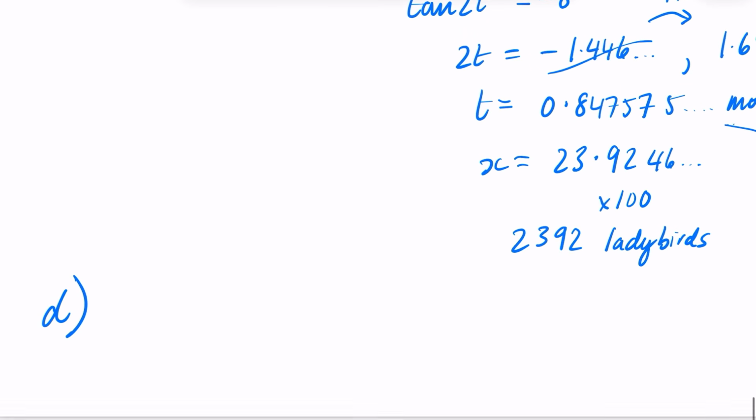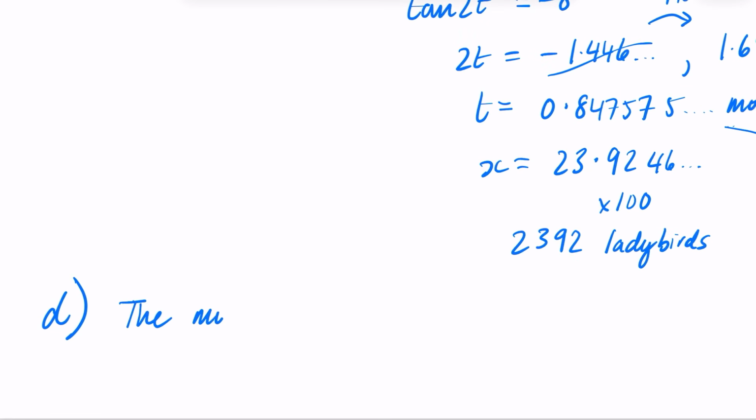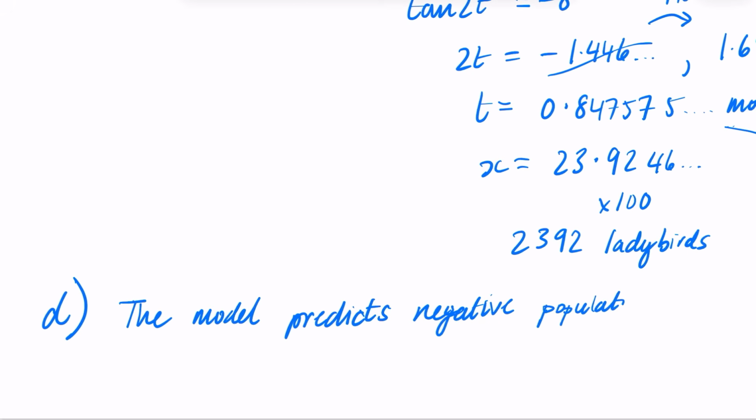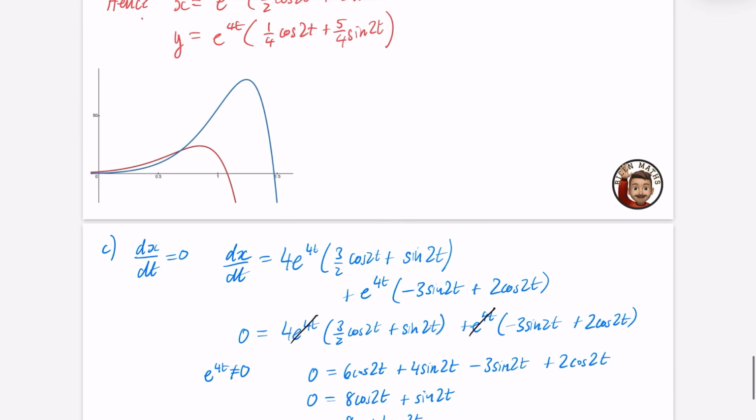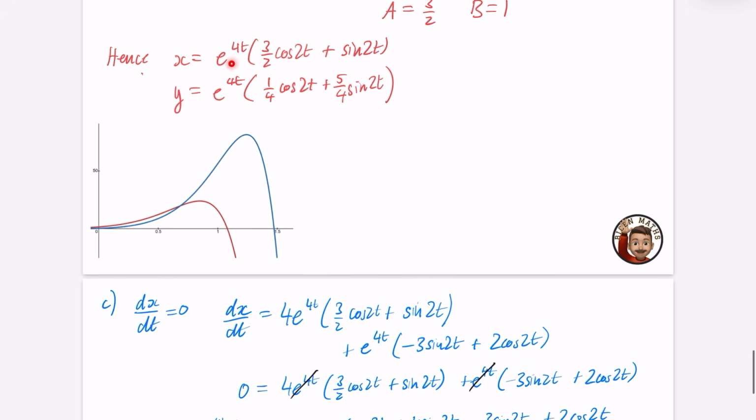So the long-term part is the model predicts negative populations for some values of t. So not very good. That's a criticism that we could have. And again, the other thing we could say is it predicts huge population growth and also negative populations.